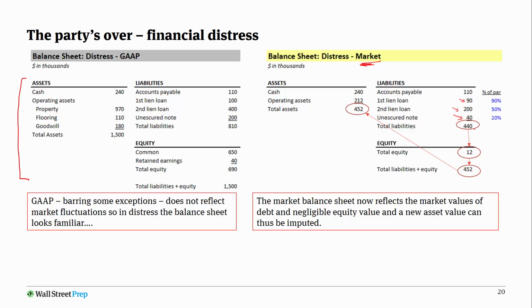Your total liabilities, at least on a market value basis, are signaling from a market perspective, it's $440,000. Your total equity, if you crunch the numbers, is actually only $12,000 at 10 cents per share times 120,000 shares. And so now if we're imputing our asset value, what you see is that we have total assets of $452,000. Look at how our operating assets have shrunk, at least the market value.